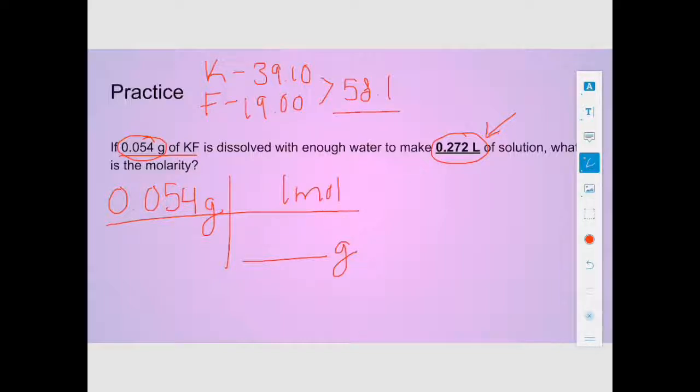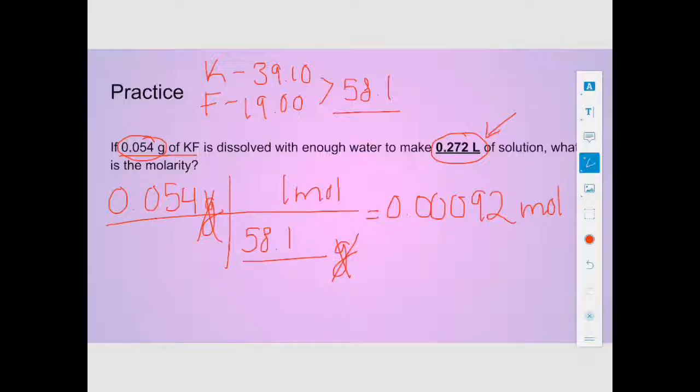We already found the number for the blank, 58.1. Grams goes away. We're going to go ahead and divide that out, and we are going to get 0.00929 moles. All right, that was step 2.